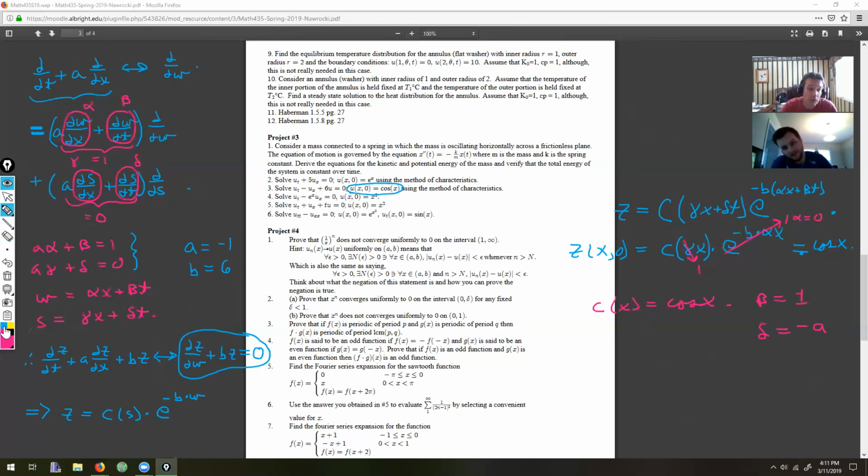So tell me then, what would my function Z of x,t equal?